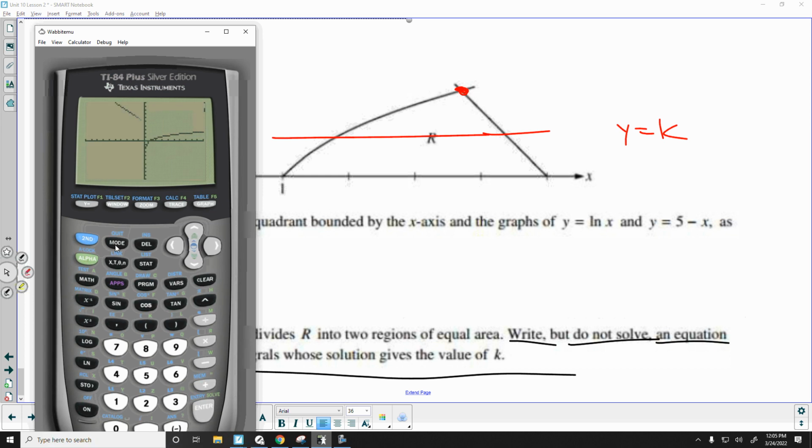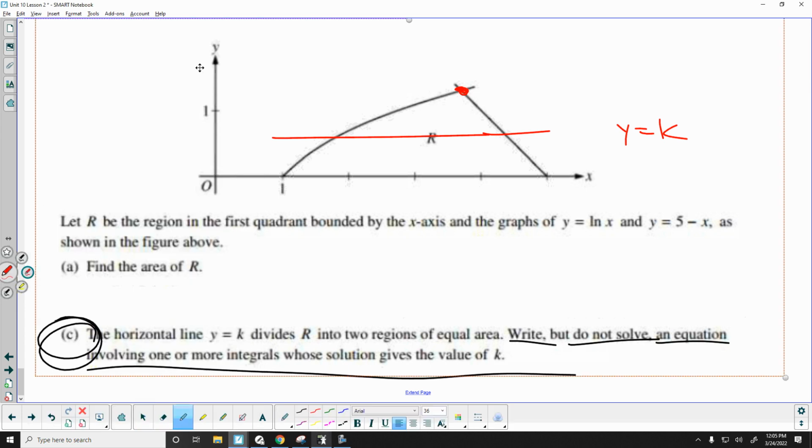Second calc, intersect, boom, boom, boom. Y coordinates can be stored. Alpha Y helps sometimes. Now let's just write this number down, 1.306. This is a calculator problem. Ready? Without finding the area, I can answer this question.